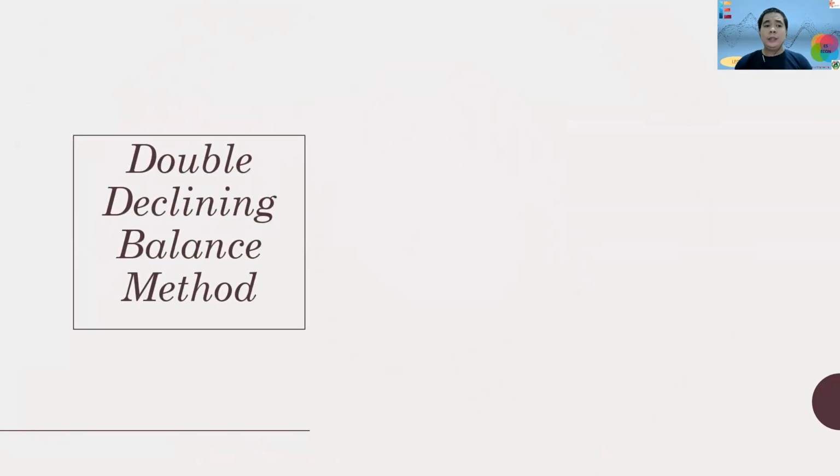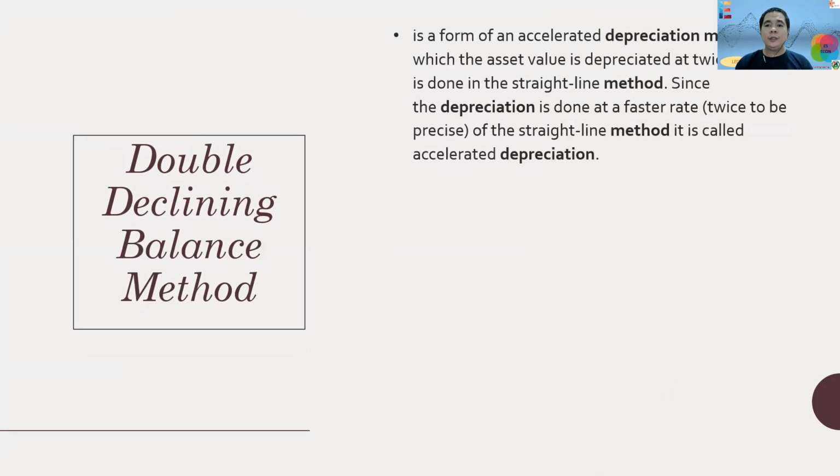Next topic is the double declining balance method. So what does that mean? It is a form of depreciation method in which the asset value is depreciated at twice the rate of the straight line method.